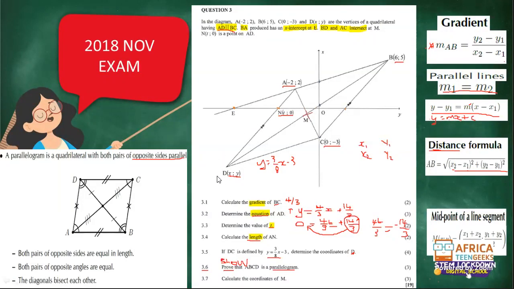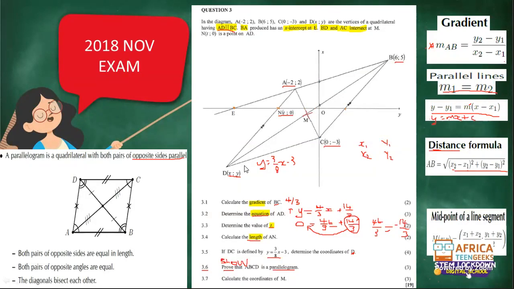Or you could have decided to show that, okay, let me check the length of AD and the length of BC. And then if these sides are parallel, which is given, and equal in length, then it means it is a parallelogram.